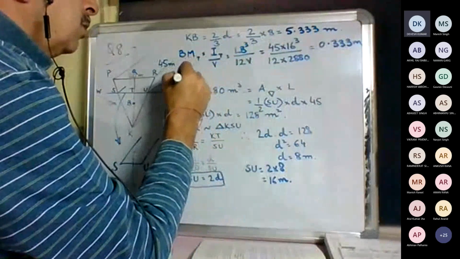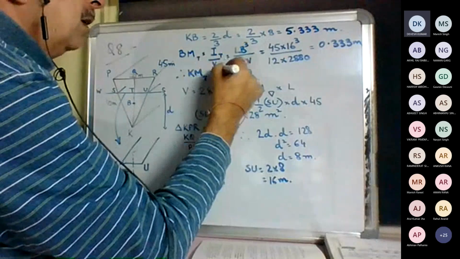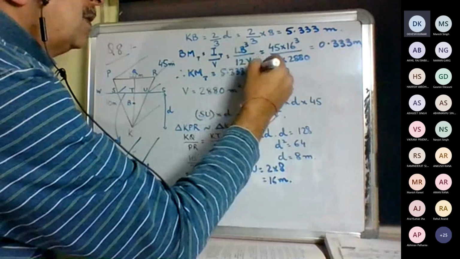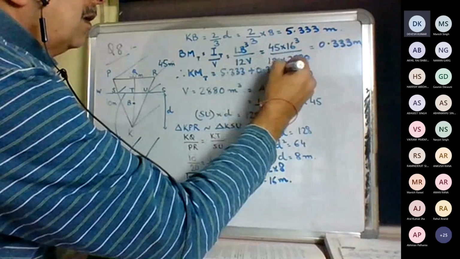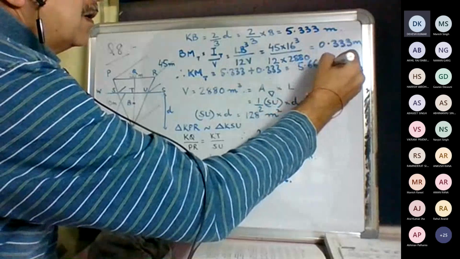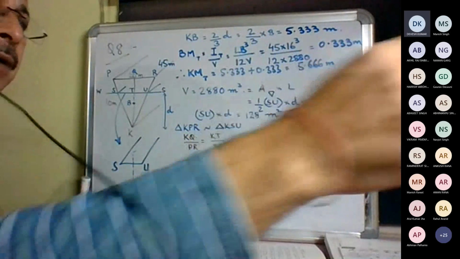Okay. So KMT will be KB 5.333 plus 0.333, which is equal to 5.666 meters. This is KMT.